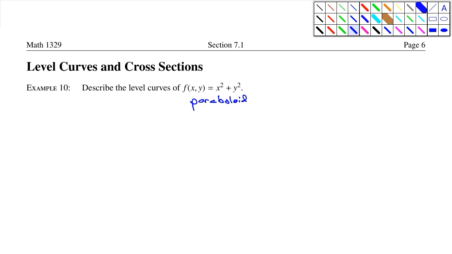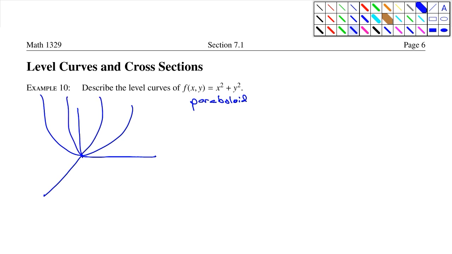Paraboloid. And it looks like this. Now, we were drawing these circles earlier to help us see what the shape looked like. But those are actually the level curves that this problem is talking about.